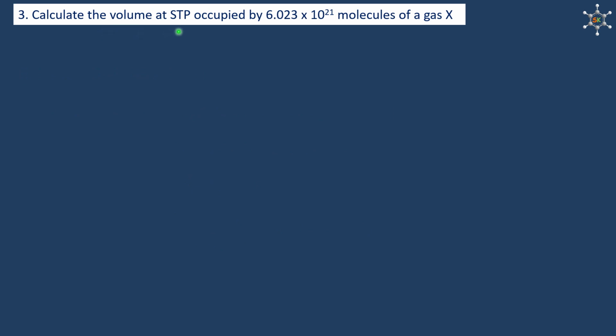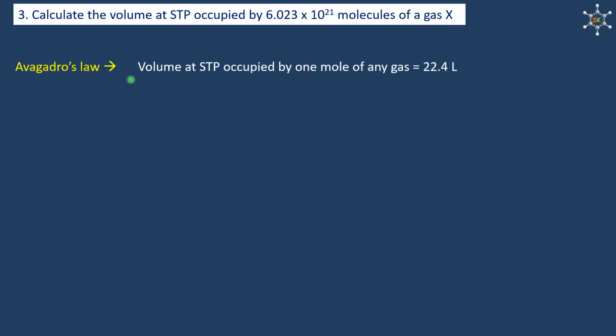Calculate the volume at STP occupied by 6.023 into 10 to the power of 21 molecules of a gas X. From Avogadro's law, we know that volume at STP occupied by 1 mole of any gas is 22.4 liters. 1 mole is nothing but Avogadro's number, that is 6.023 into 10 to the power of 23.